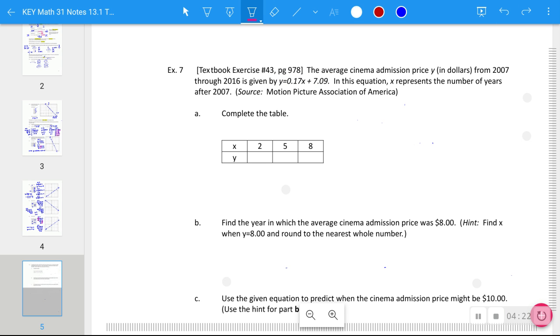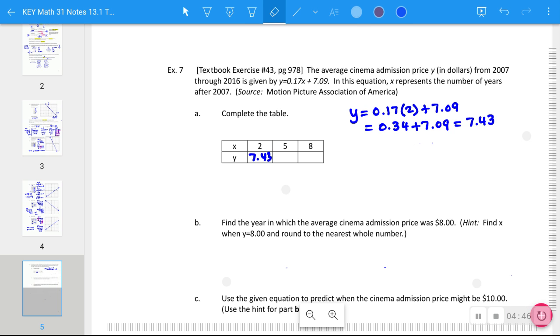And the first time we're going to use an x value of 2, and it says in the problem that x represents the number of years after 2007. So 2 years after 2007. That's actually 2009 prices that we're calculating. And when you put that in, you get $7.43 admission price.